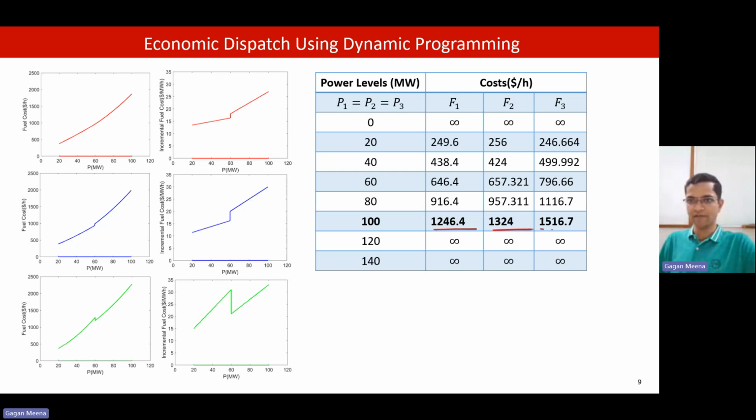If we divide it by 100, then we will get the full load average cost rate. And if we compare the three generators, then unit 1 is cheaper than unit 2, and unit 2 is cheaper than unit 3.